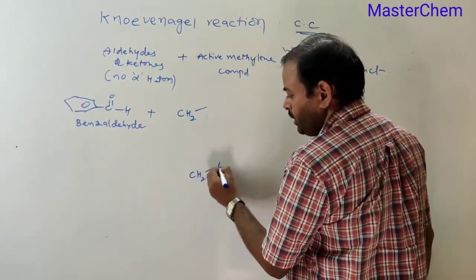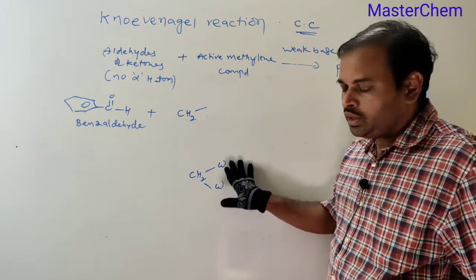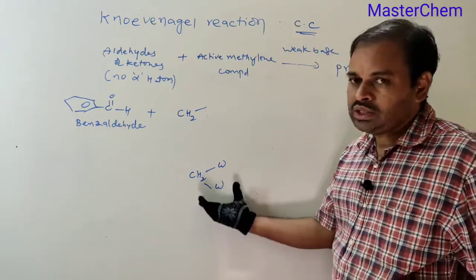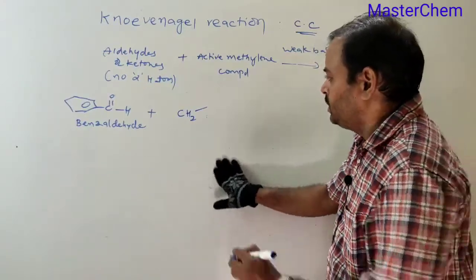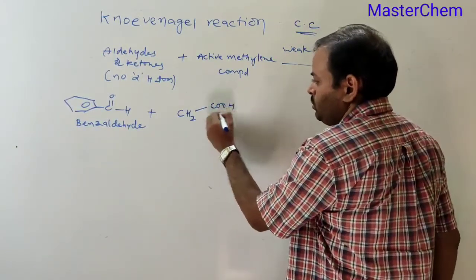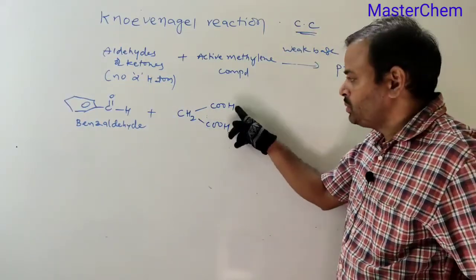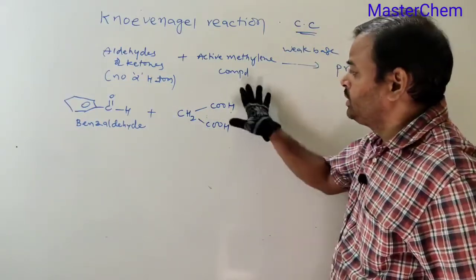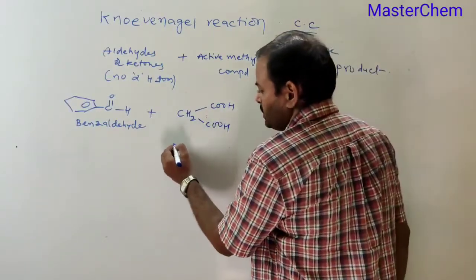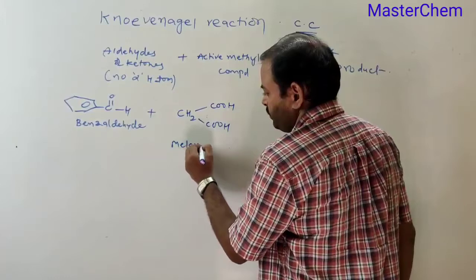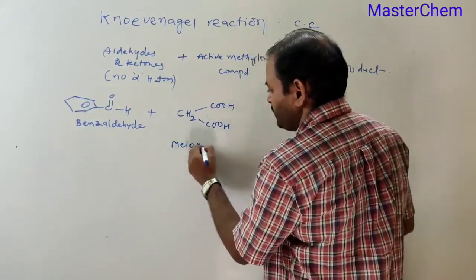Whenever CH2 is attached to electron withdrawing groups, that is said to be an active methylene compound. Here CH2 has COOH and COOH, two electron withdrawing groups. So this is an active methylene compound, malonic acid.